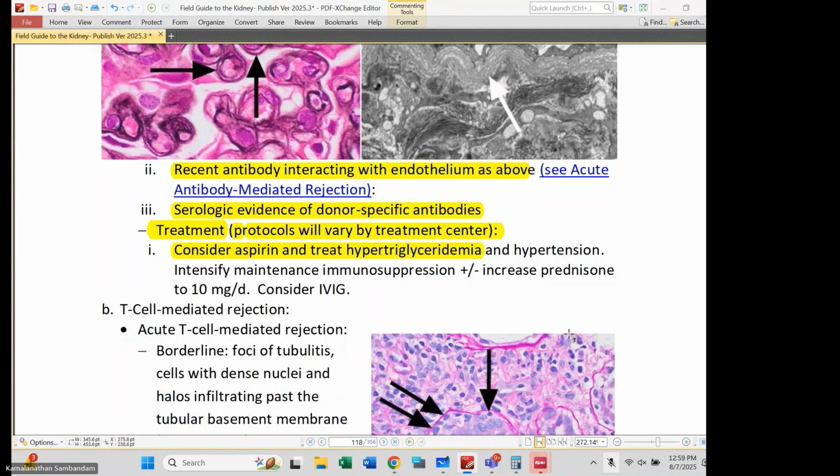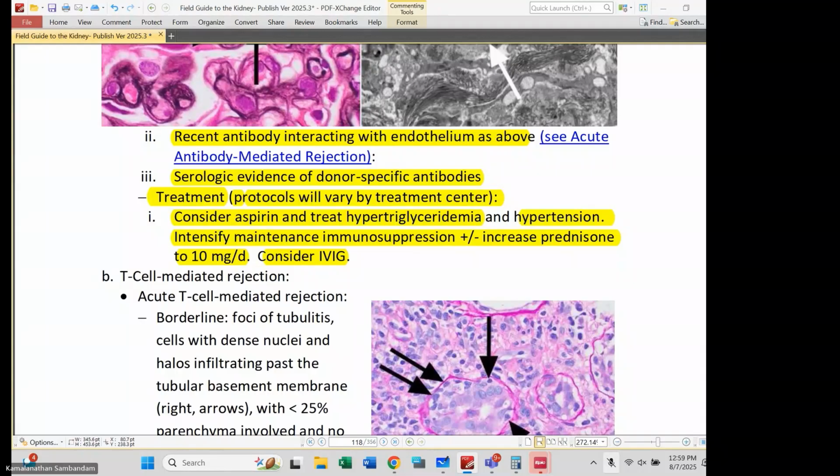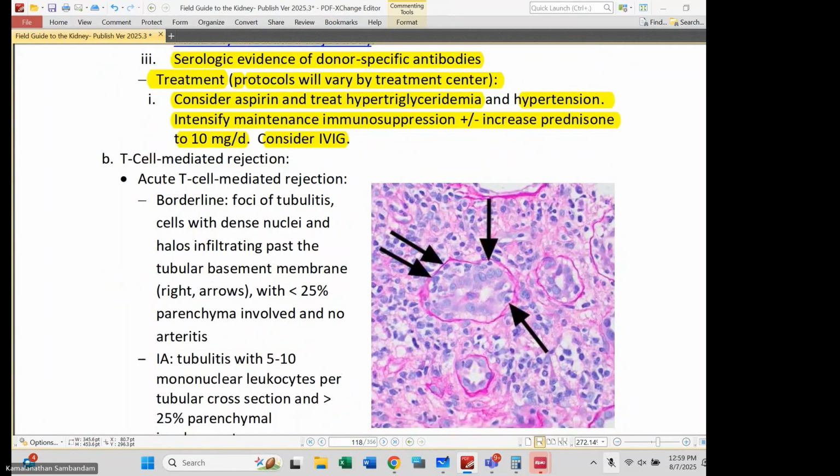Whether this helps your patient or not is unclear. We, of course, treat hypertension. We treat everybody's hypertension. Intensify maintenance immunosuppression. Increasing prednisone to 10 is often something that we do. Some people will try and lower the DSAs with IVIG. Most people will not freeze these folks. For chronic AMR, you just try and suppress DSA production through the administration of IVIG.